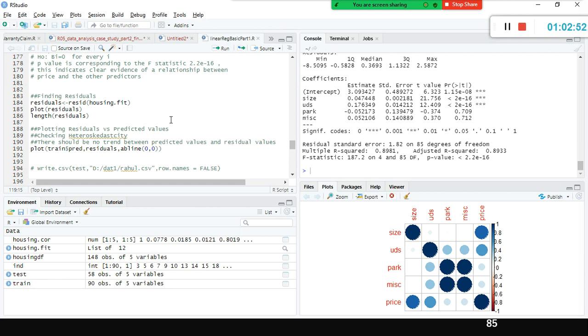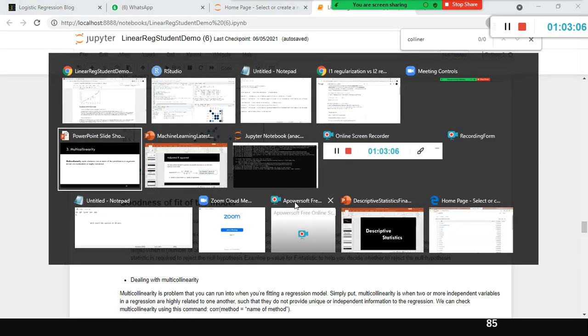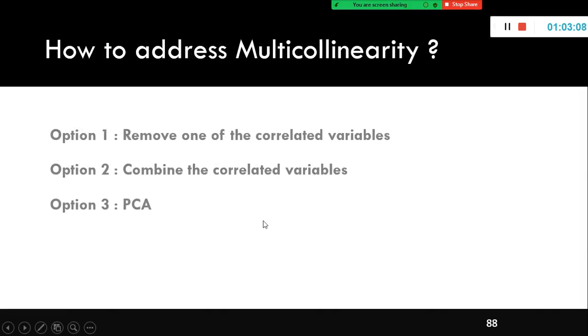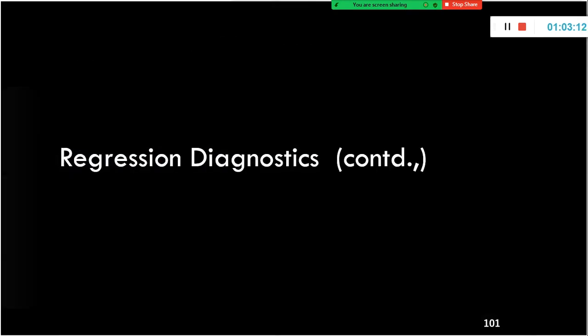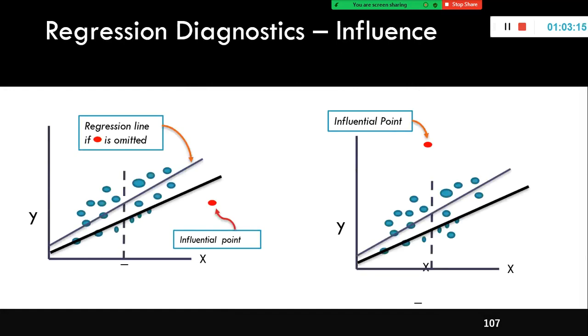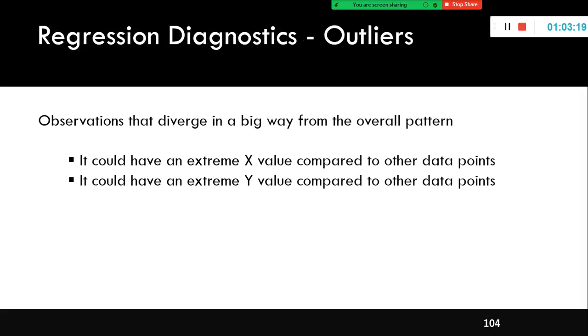Cook's distance is very helpful to identify the influential observation. Now let us move to outliers. Outliers are observations that diverge in a big way from the overall pattern.